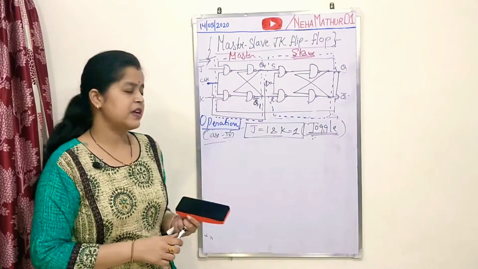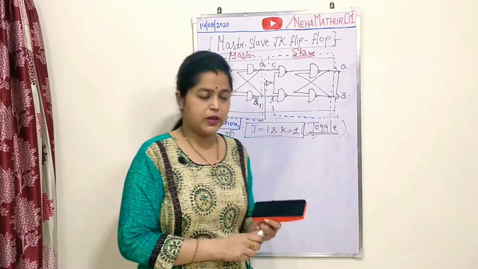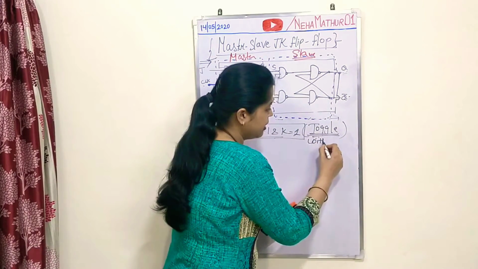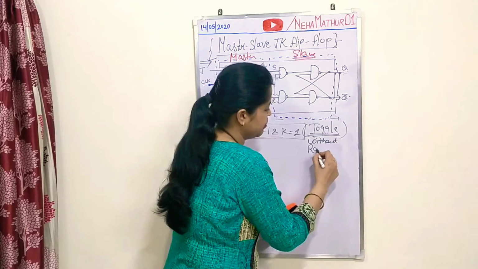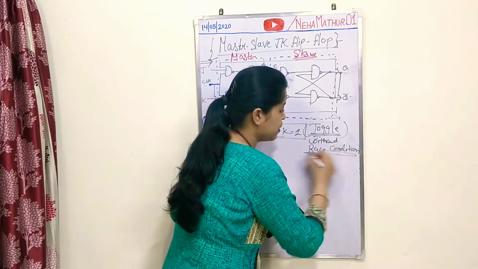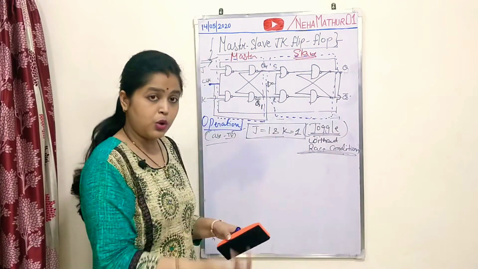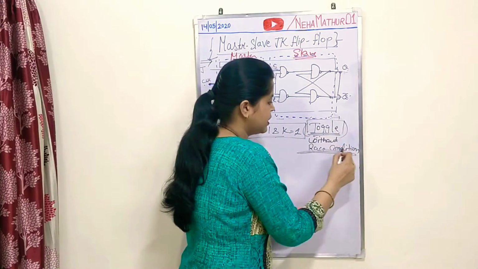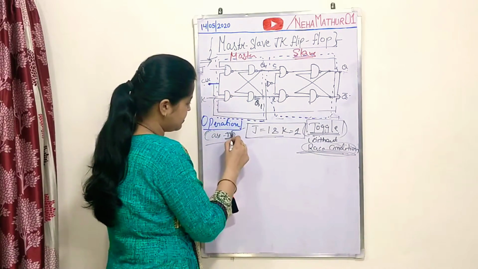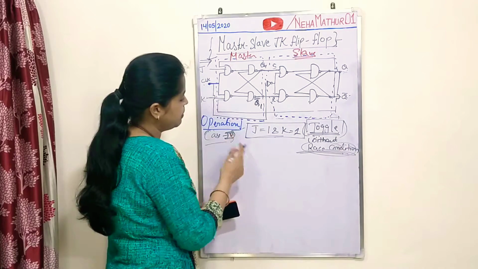So the fourth case, when J is equal to 1 and K is also 1, that means toggle state, but toggle should be here without race condition problem, because just to overcome this problem we are using the modified circuit. So toggling will be here but without race around condition. Now how will this particular case be executed?